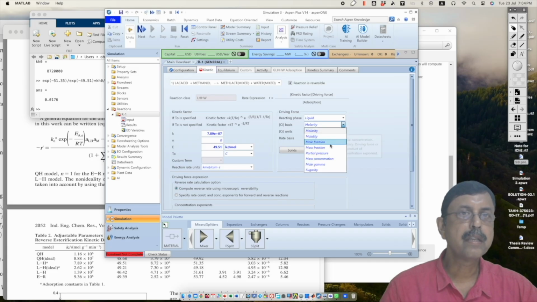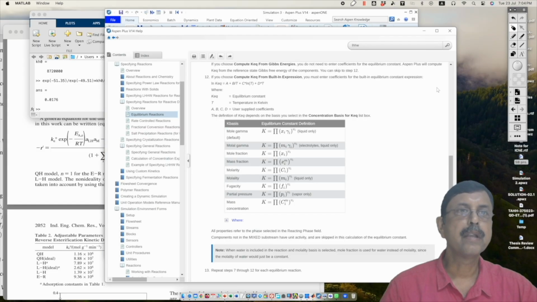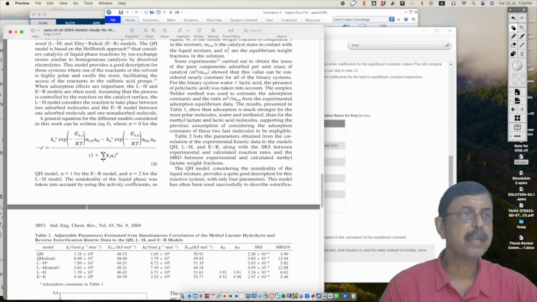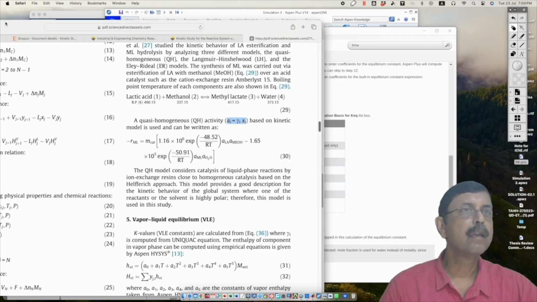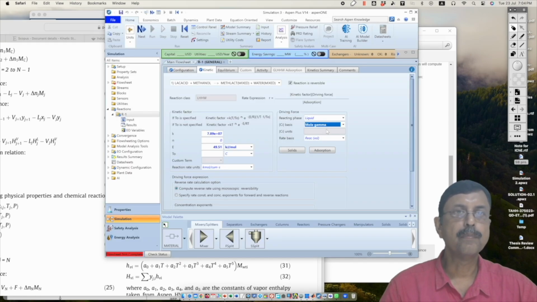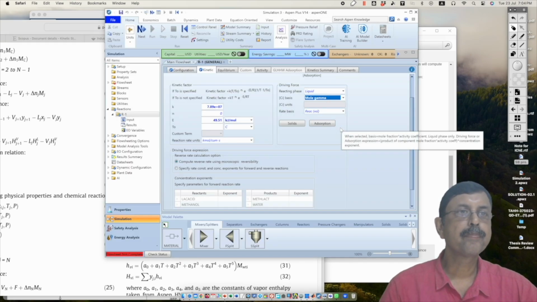Instead of molarity we have to use mole gamma. We have already seen why we are using mole gamma, because it is x_i gamma_i. For this reason we will use mole gamma.